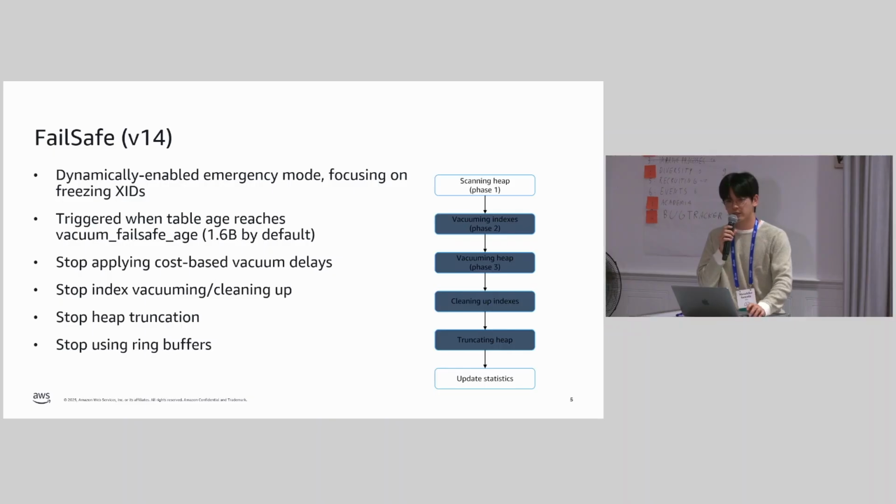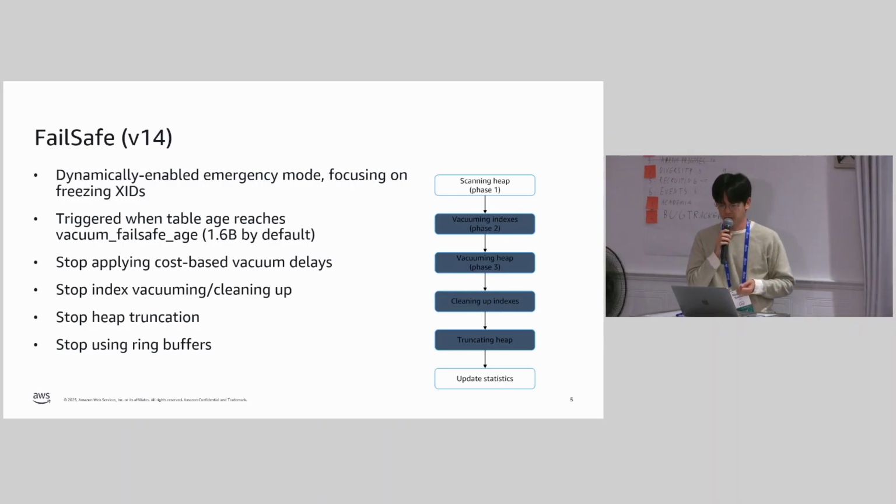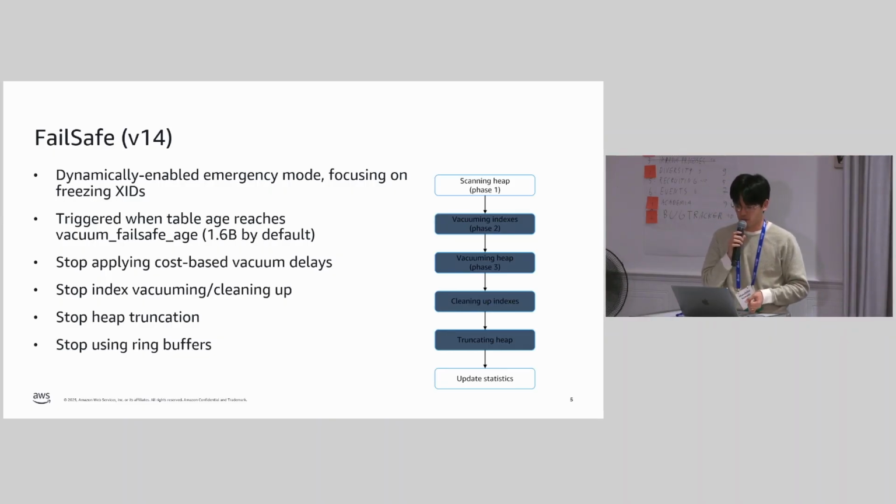Postgres internally uses a 32-bit unsigned integer for the transaction ID, so the practical transaction age limit is about 2 billion. Vacuum enters failsafe mode when the table's age reaches 1.6 billion by default. Once it enters failsafe mode, it gives up various things and prioritizes freezing and advancing the transaction ID.